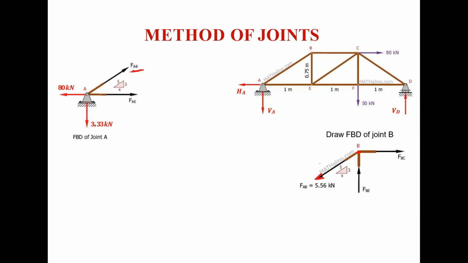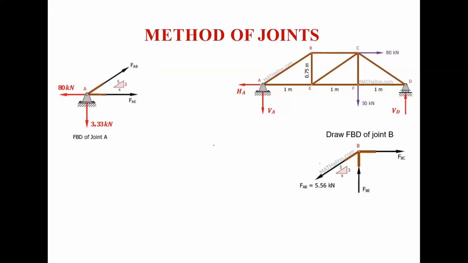Because we have already considered the direction of FAB at joint A, so equal and opposite directions should be used for this FAB at joint B. Then you are applying FBC and FBE for the first time, so you can take any direction. I am considering this direction of FBC and this direction of FBE. Okay, now balance the horizontal and vertical forces.